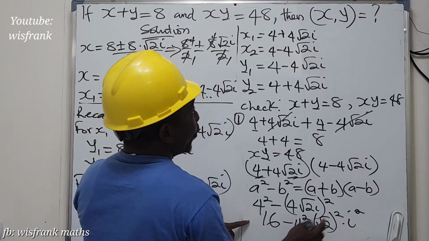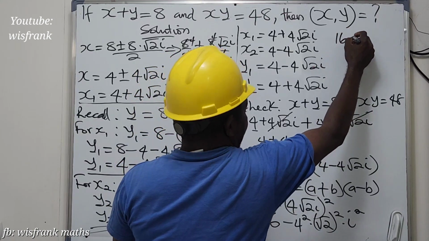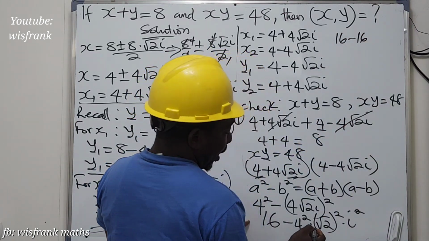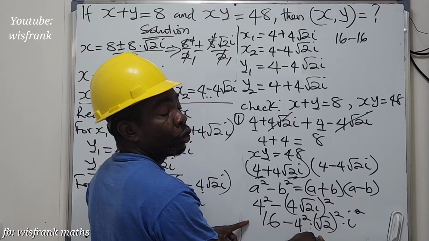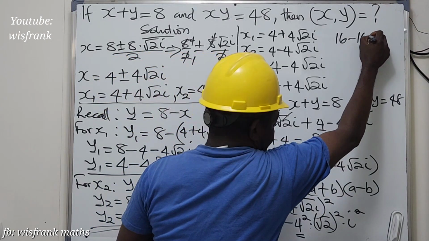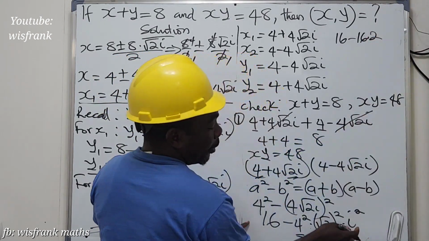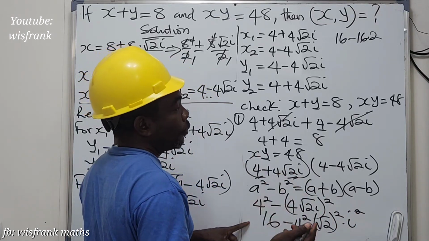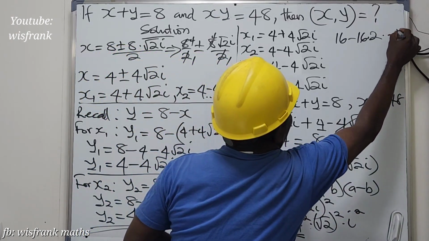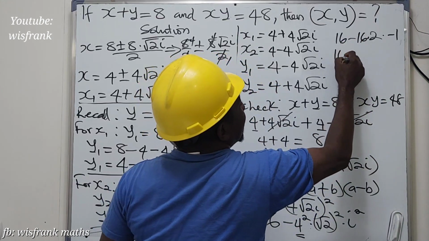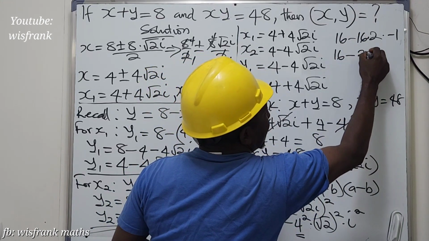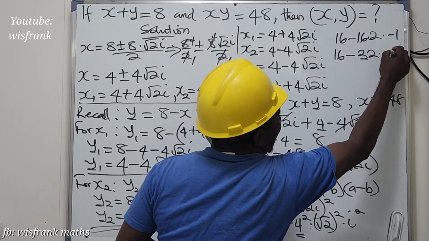So here that will give us 16 minus, here 4 to the power of 2 is 16, then times root 2 to the power of 2 will give us times 2. Then we have i to the power of 2, which is root minus 1 to the power of 2, will give us times minus 1. So here we have 16 minus 16 times 2, which gives us 32, then times minus 1.